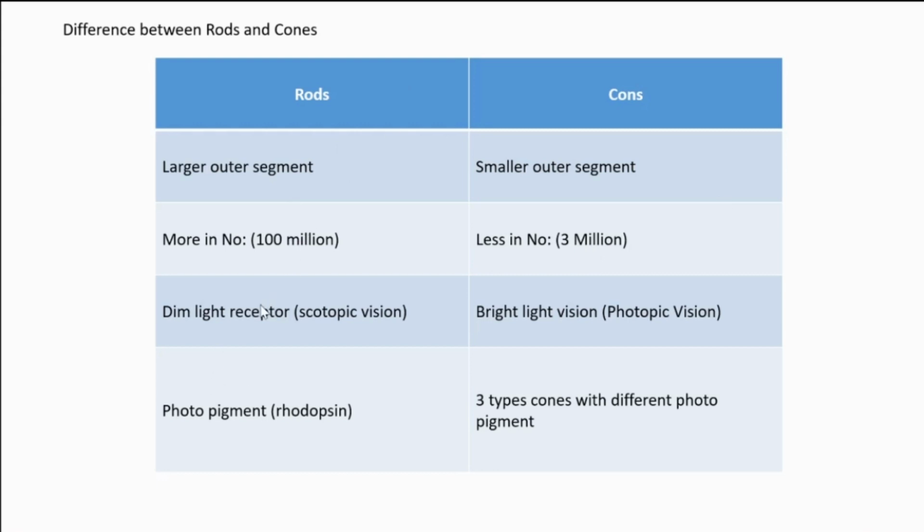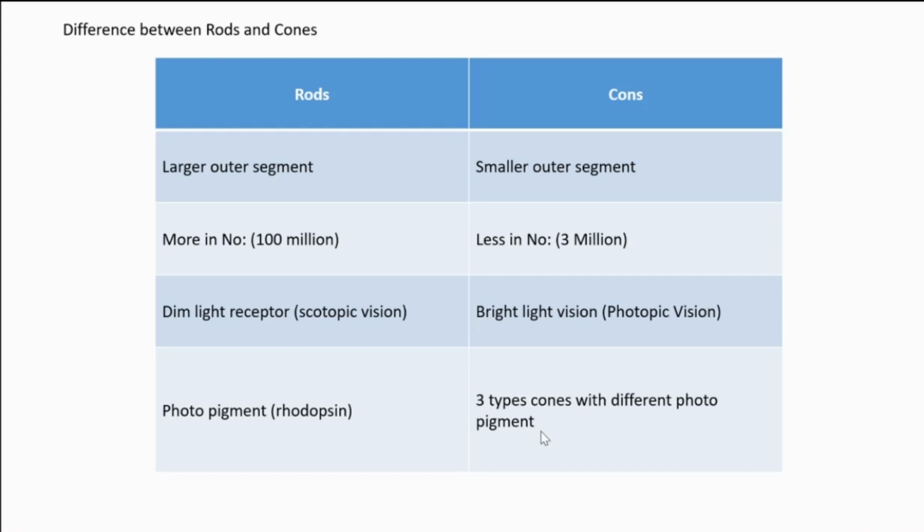Rods are responsible for vision in dim light, cones for vision in bright light. Rods have only one photopigment, rhodopsin, but cones are of three types with different photopigments, depending on which photopigment is present.